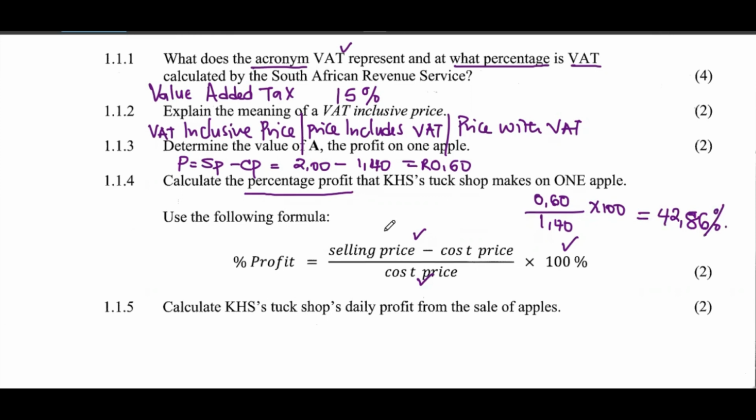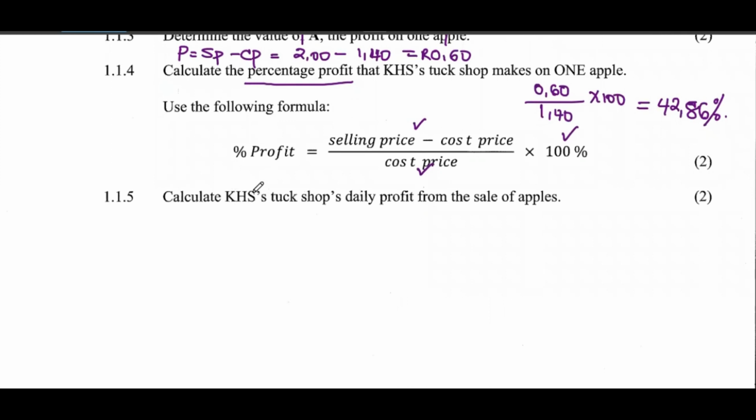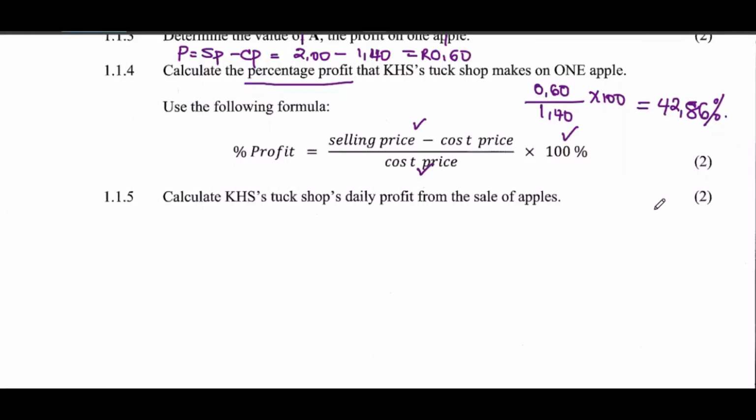All right, question number 2, it says, calculate KHS tax shop's daily profit. We are calculating the daily profit from the sales of the apples. So now we need to calculate the profit the tax shop makes from the sale of apples.